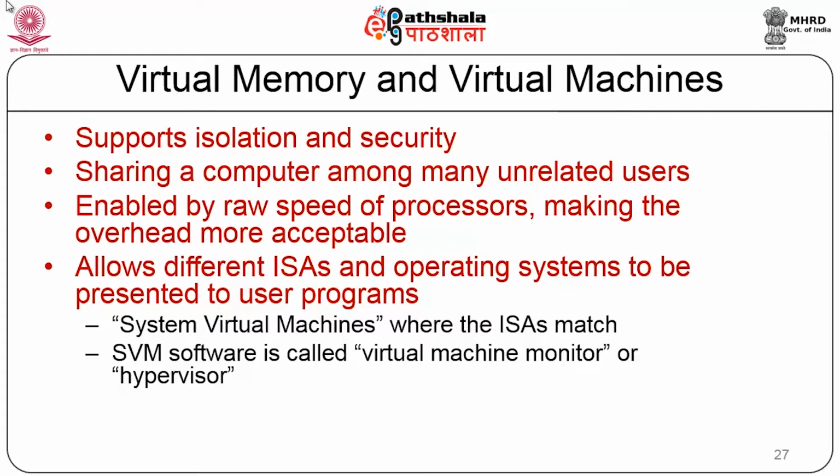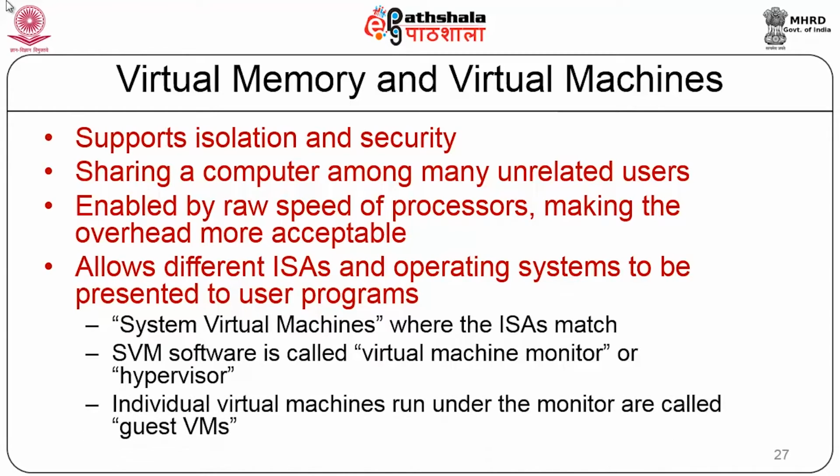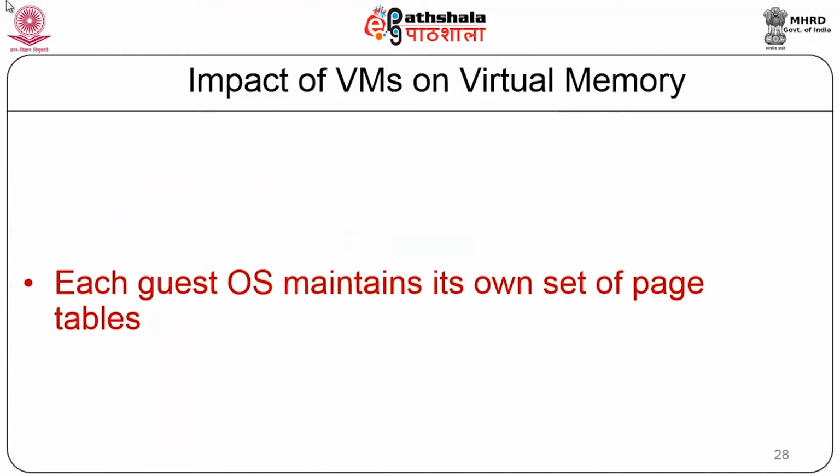So, the hypervisor, or the virtual machine monitor, is responsible for creating the entire environment and for making sure that all the resources are properly shared between the various VMs. And individual virtual machines that run under the monitor are called the guest VMs, guest virtual machines.